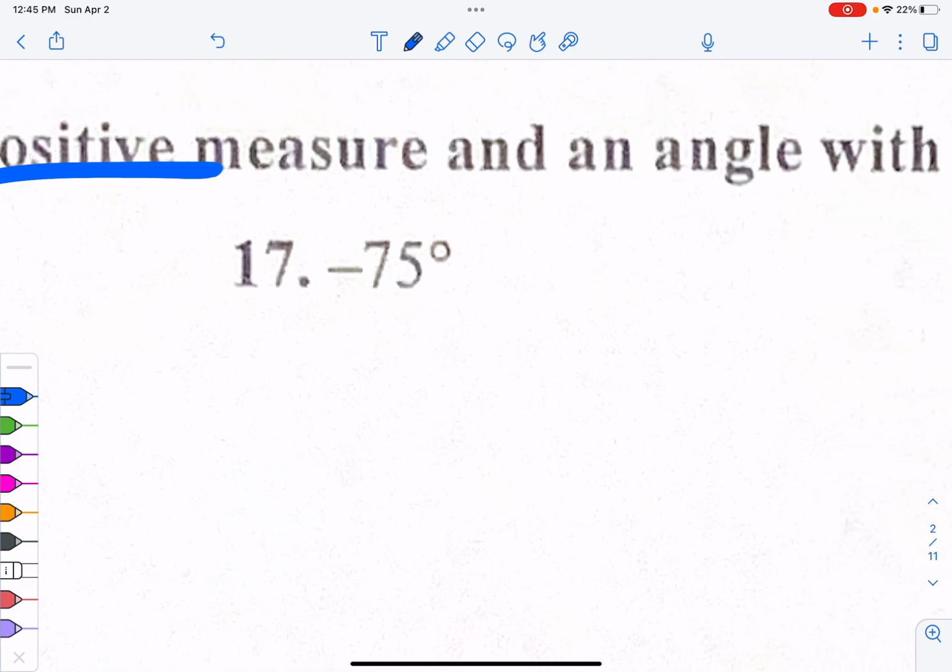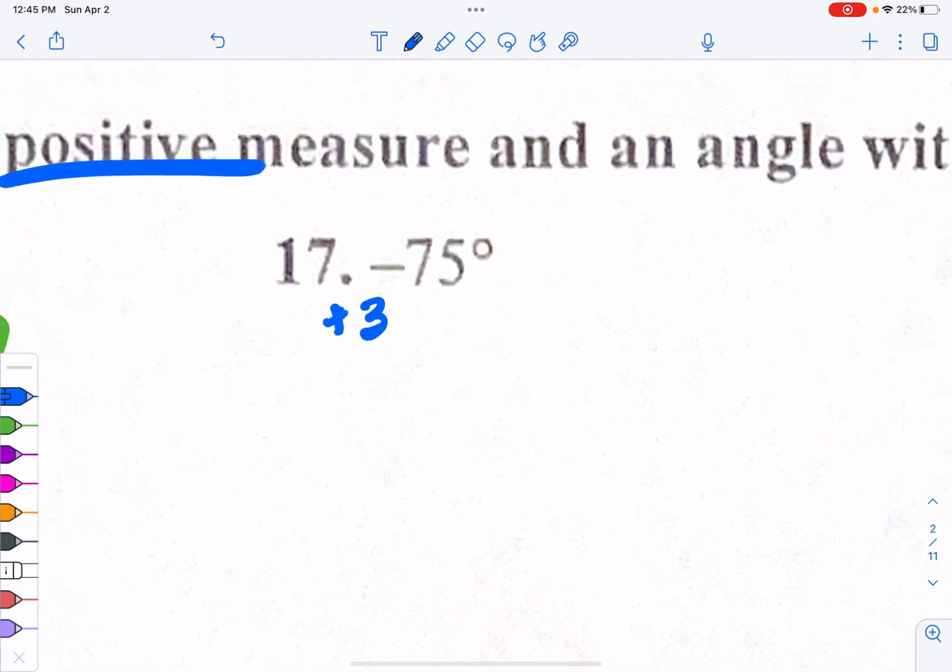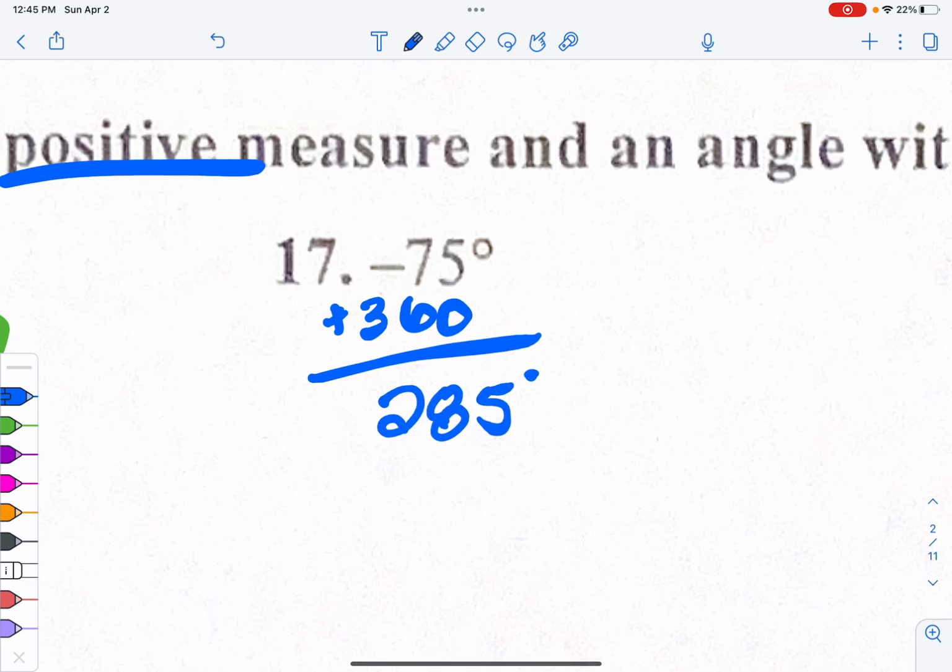All right, 17. If I add 360 to negative 75 degrees, 360 minus 75 is 285. Yep, 285 degrees, so that will give me a positive one.